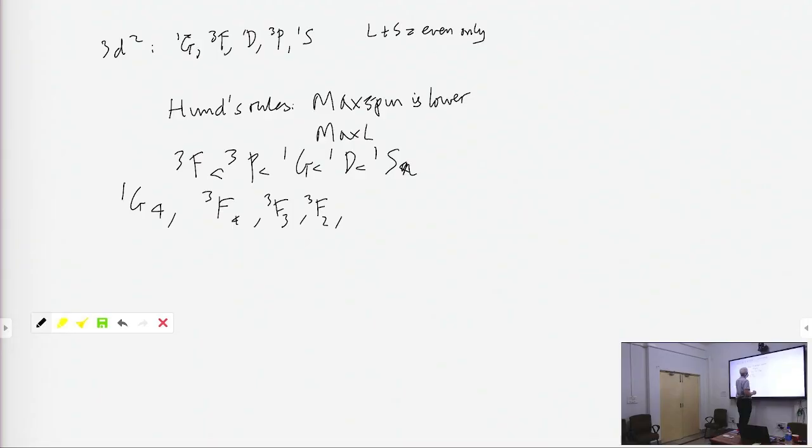What's the next one on now? Singlet D. Singlet D is 3. Sorry, it's 2, because D is 2. Triplet P. Any offers on triplet P? This is the commonest state of the lot, so you should know this one.